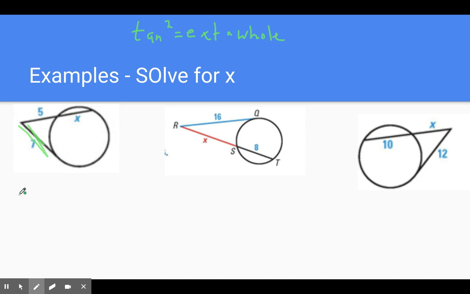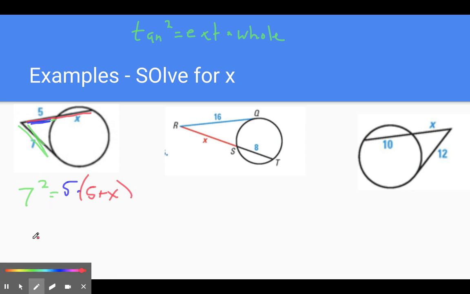All right, so tangent squared would be 7 squared equals external here. Again, I guess I should use better colors. External is 5 times the whole, which is 5 plus x. There ends up being a lot of 5 times x's in here, right? So 7 squared ends up being 49. 5 times 5 is 25. 5 times x is 5x.